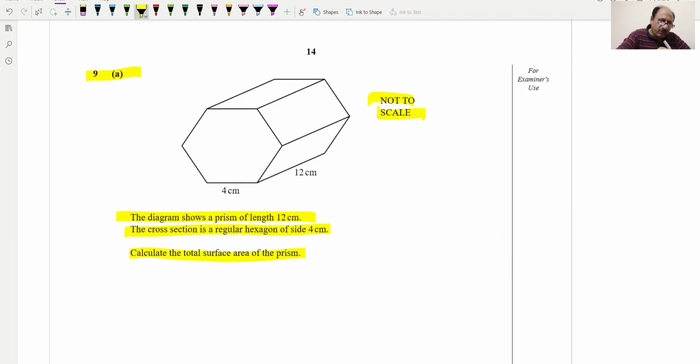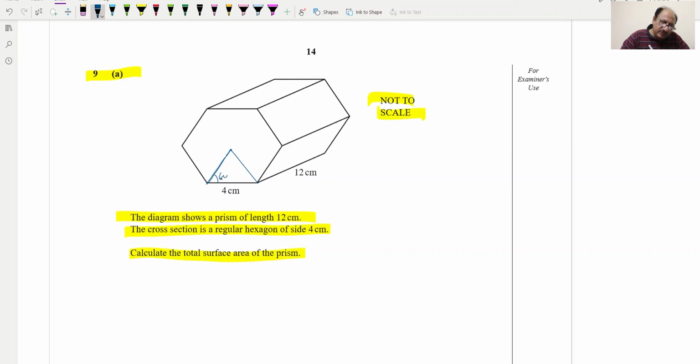Now first of all, what we will do, we will draw this triangle like this one. So this is the triangle, and we can find the area of the triangle. This is an equilateral triangle.